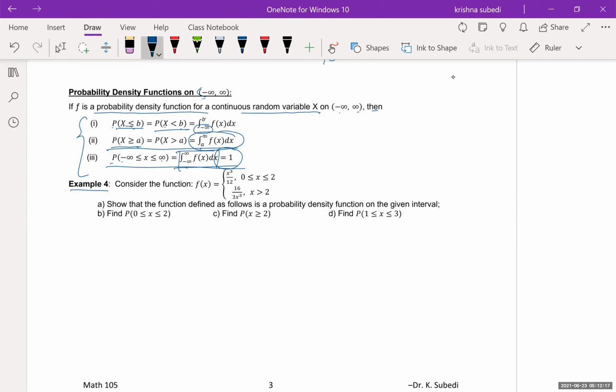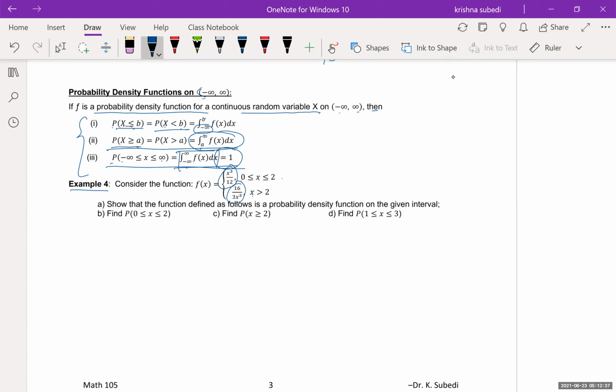Consider the function f of x. It is a piecewise function. There are two pieces. One piece is x cubed over 12 for x between 0 and 2. Another is 16 over 3x cubed for x greater than 2.